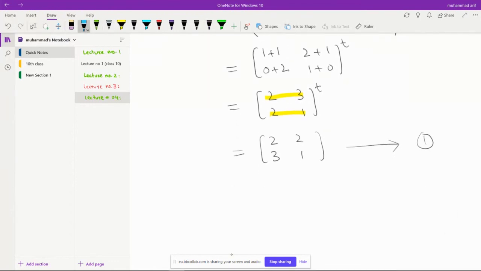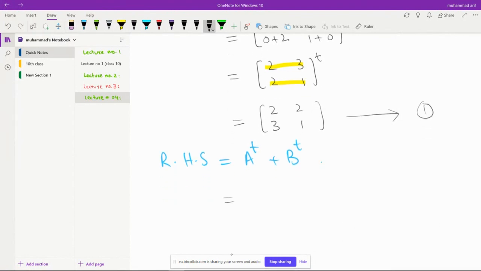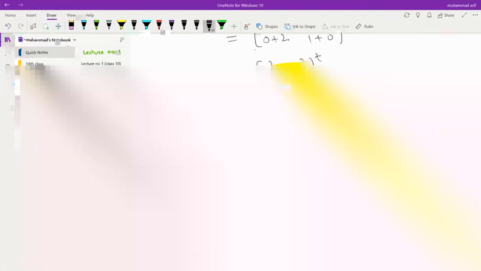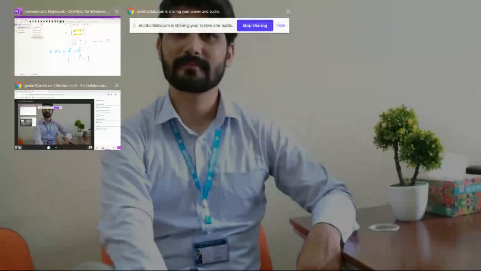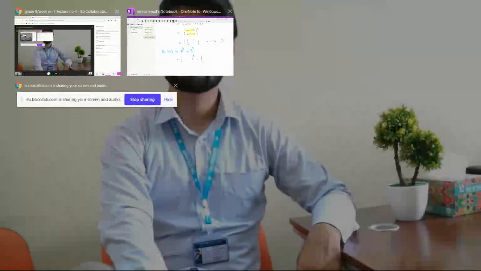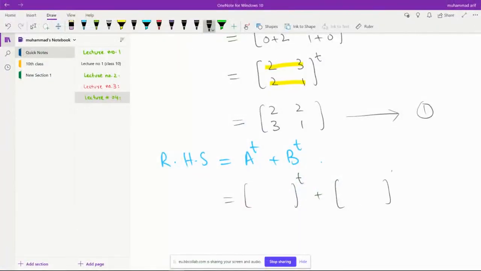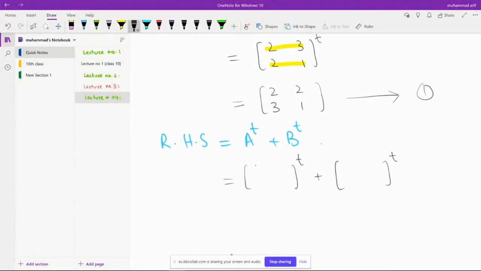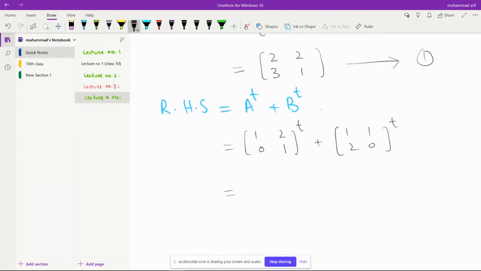Now right hand side is equal to A transpose plus B transpose. First of all write matrix A with whole transpose, matrix B with whole transpose. Matrix A is 1 2 0 1, matrix B is 1 1 2 0. First of all take the transpose.